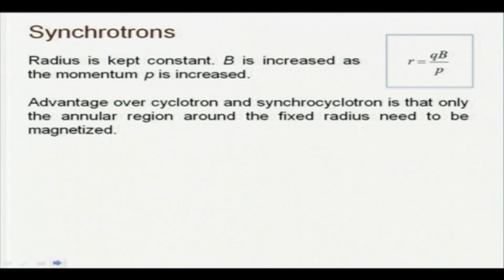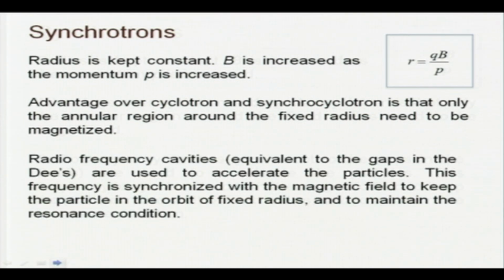And to increase P, what do you do? To increase P, you have to apply an electric field somewhere. So, what is done is that radio frequency cavities are kept in different regions along the annular region, the frequency of which is synchronized with the magnetic field and the speed of the particle.